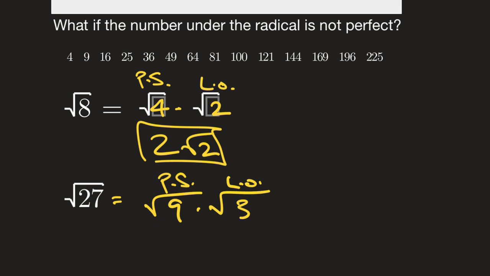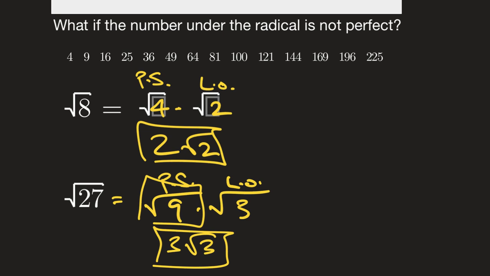You have a list of numbers that you get to reference and go, I need one of these numbers to work. And in this case, it's 9 times 3. I rewrote root 27. Guys, what is the square root of 9? 3. Leftover root 3 behind it. 3 root 3 is the same thing as the square root of 27.